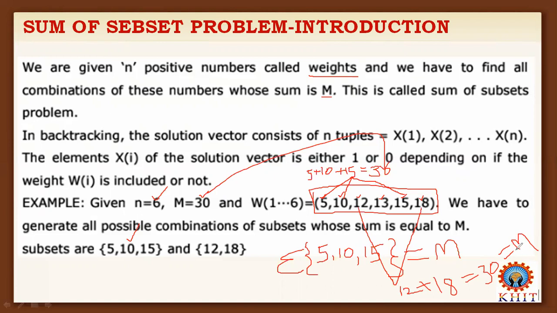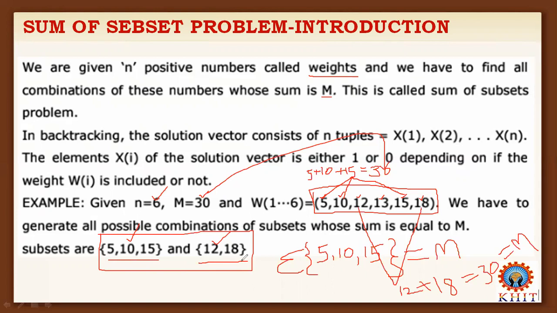So here we have identified two different solutions that can be generated. These are called sum of subset problem solutions. This is the first solution, and this is solution two. Totally two different solutions are to be generated from the given set.